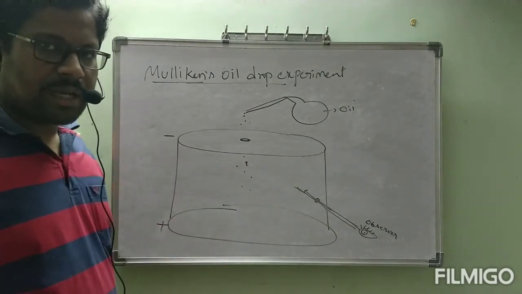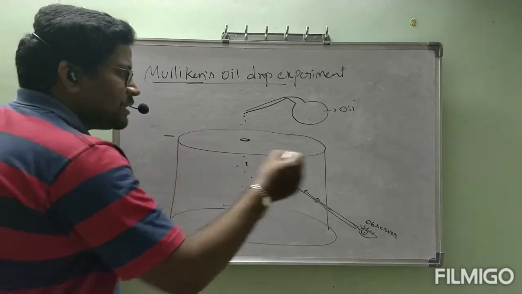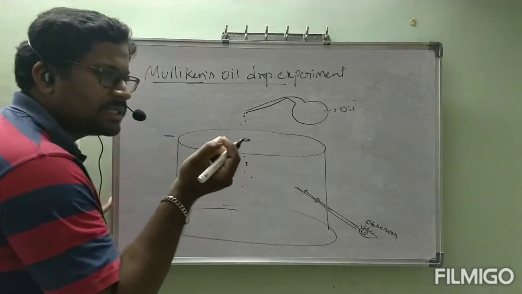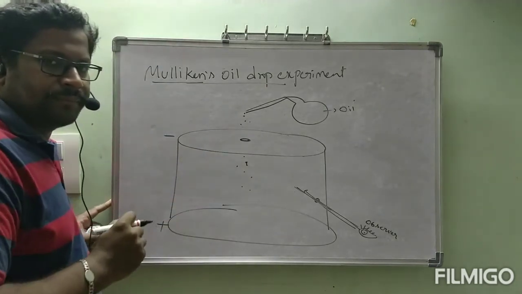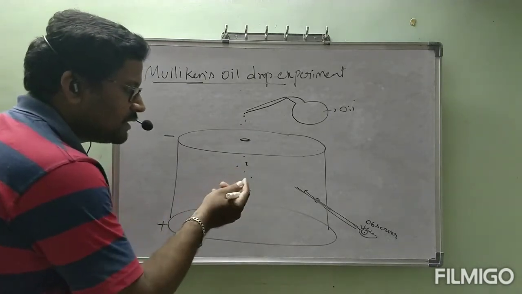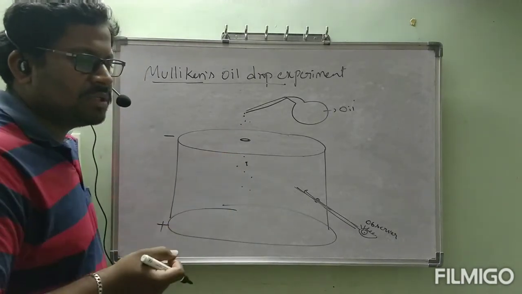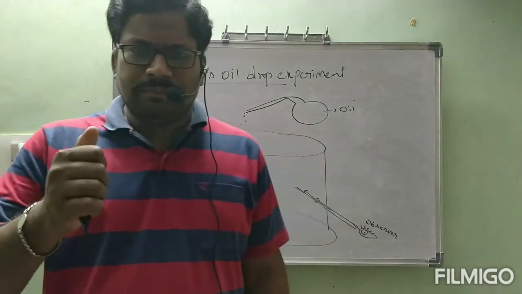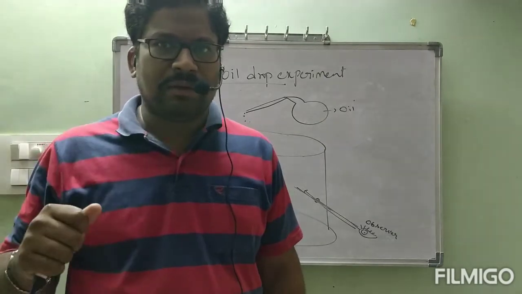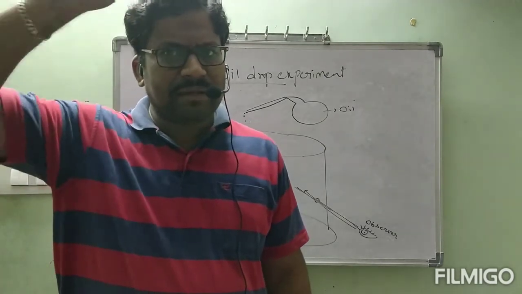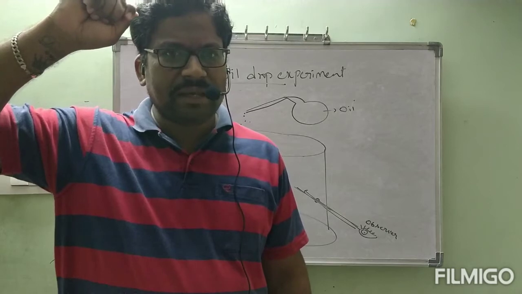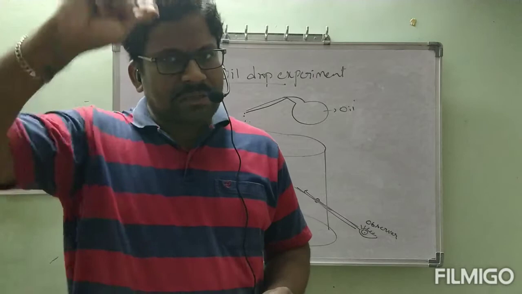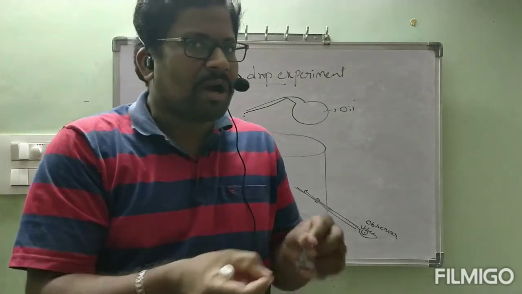Now, in the presence of this electric field, this oil drop is carried by a small charge. For example, take a comb, continuously rub it with hair and keep it near small pieces of paper.